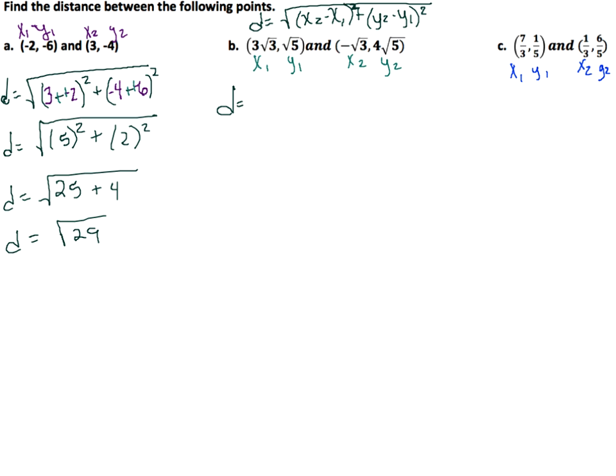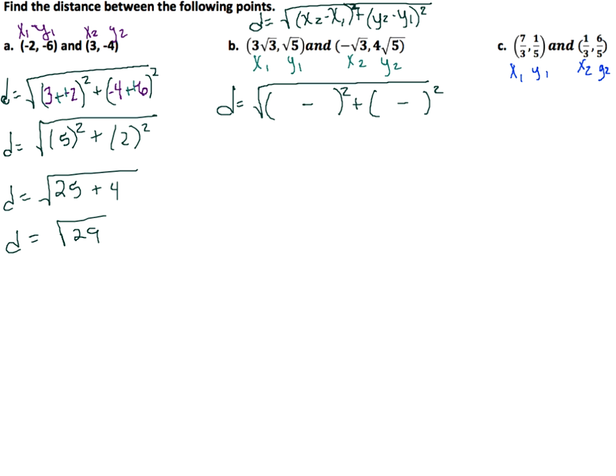So the distance equals the square root of, let me give myself a little form here to fit into. I'm going to use a completely different color. I'll use red.